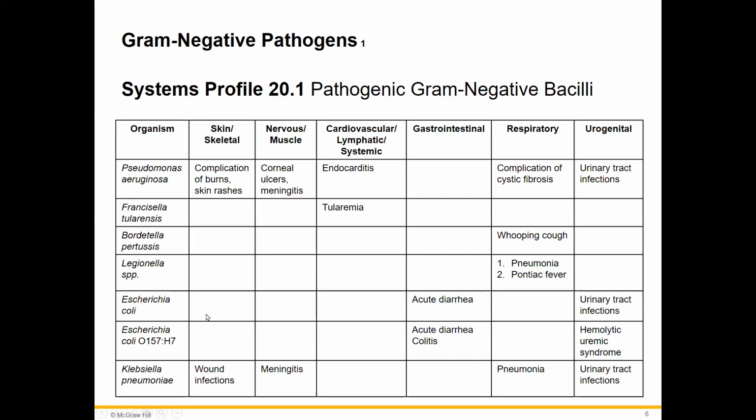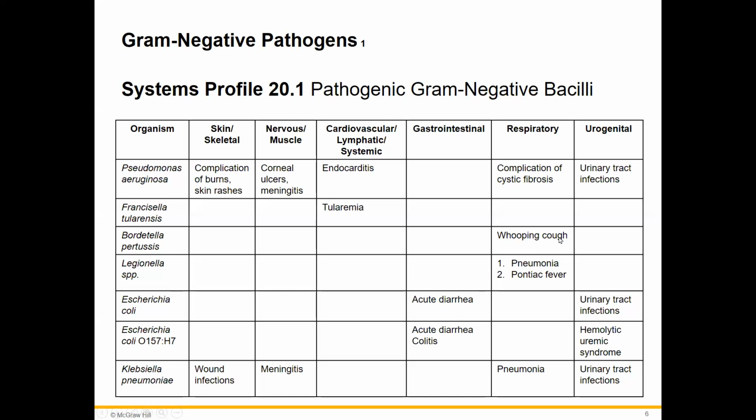If you are like me and like tables, this is broken down kind of like we had for our gram-positives. This shows the organism, the condition based off of organ system that it could potentially cause. So you'll see some of them are much less common when it comes to pathogens versus some are very specific, like Bordetella pertussis, whooping cough, right?